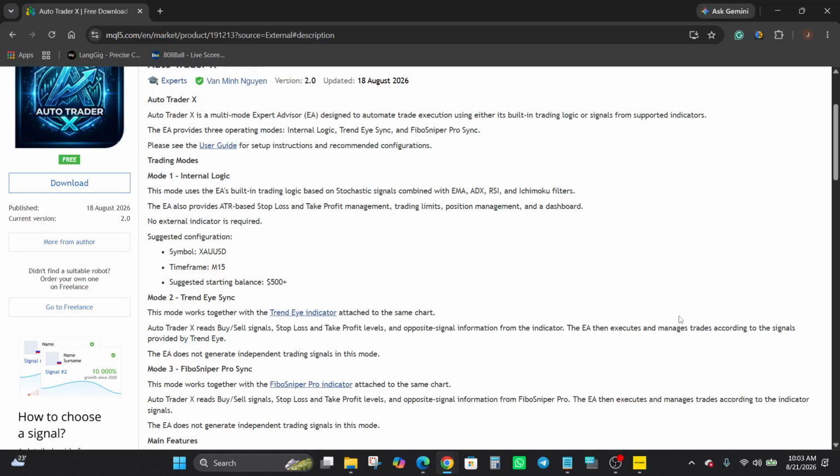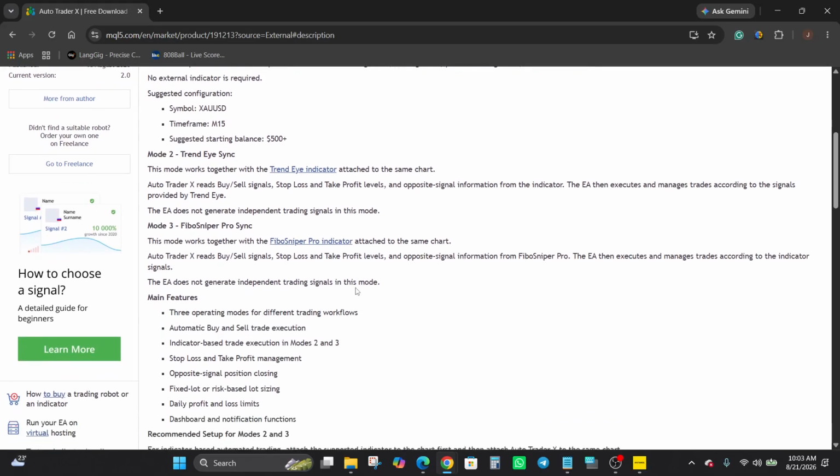All right, so now looking at mode 2. Okay, mode 2 is the Trend Eye Sync, which allows the EA to execute trades based on signals from the Trend Eye indicator attached to the same chart. And we have mode 3, which functions similarly as Fibo Sniper Pro Sync, which links up with the Fibo Sniper Pro indicator.